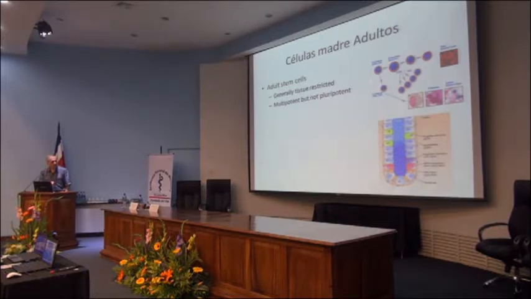A hematopoietic stem cell can give rise to myeloid cells, megakaryocytes, red blood cells, but it cannot go back and cause brain tissue, or create bone tissue, at least not in principle. The dogma is it cannot, unless we transfect it and make iPS cells, which is technically still very, very difficult.